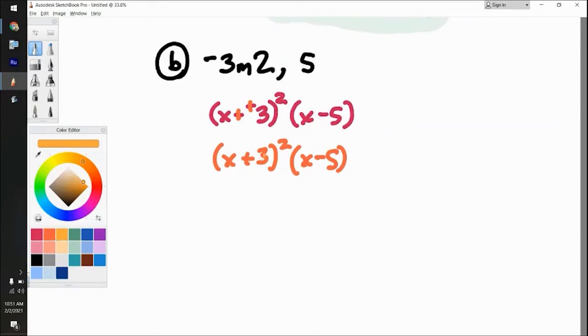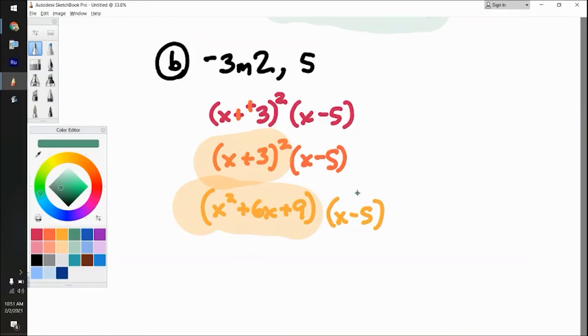If you grid out x plus 3 squared, you should get x squared plus 6x plus 9. So this part right here is equal to this. And then we're going to multiply it by x minus 5 here. And then you just have to distribute the x minus 5 to each of those terms.